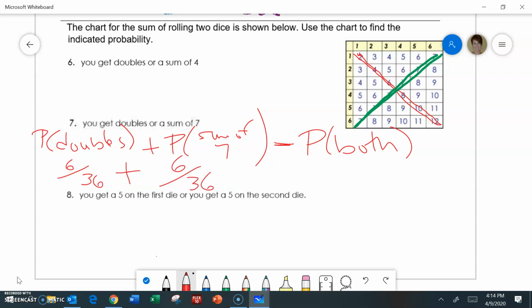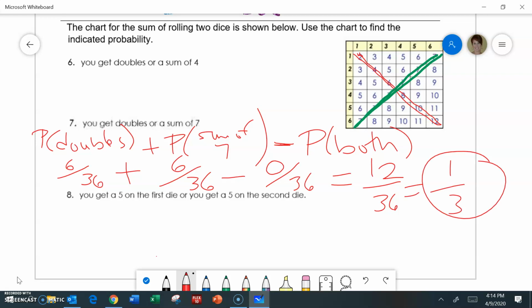But there's no overlap. Yeah, these X's cross, but they don't cross on a number. So there are 0, I'm going to write it as a fraction just so you can get an idea, but it's just 0. So 6 out of 36 plus 6 out of 36 minus nothing is 12 out of 36, and that reduces to 1/3. Okay?